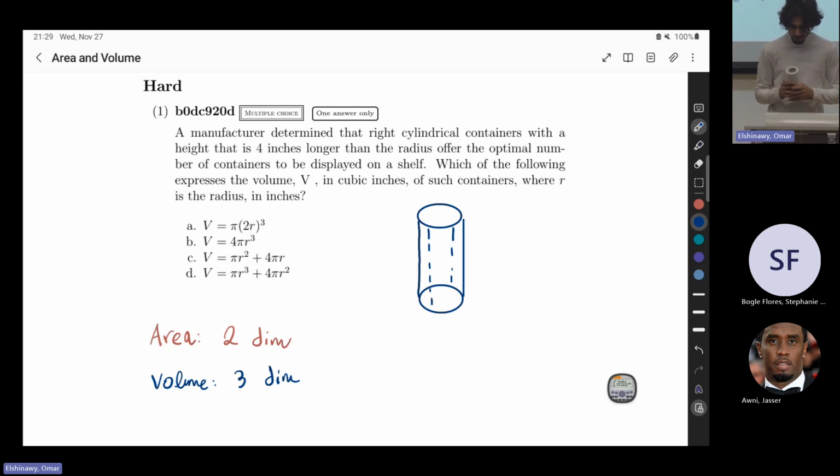But why do I have this in my hand now? It's because I would like you to imagine the following. If you would like to find the volume of this thing, we can decompose it into two things. The first thing is a circle, and the second thing is a line.